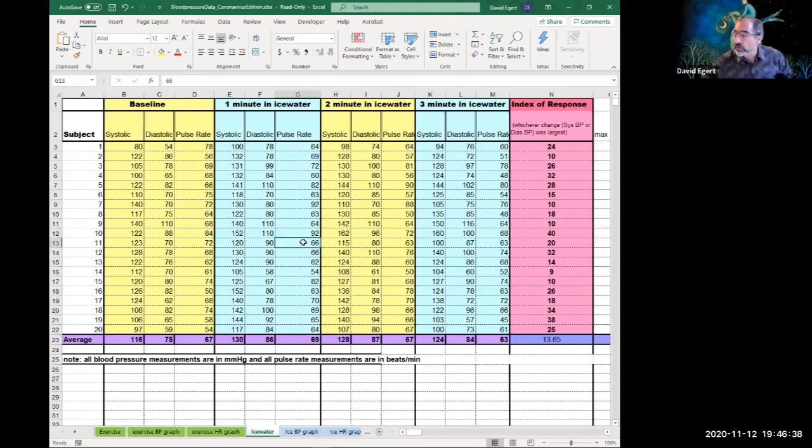This one went down. I think it's really useful, particularly because most people have this intuition that being in intense pain is going to jack up your pulse rate and your blood pressure. And the answer is sometimes, and sometimes totally not.